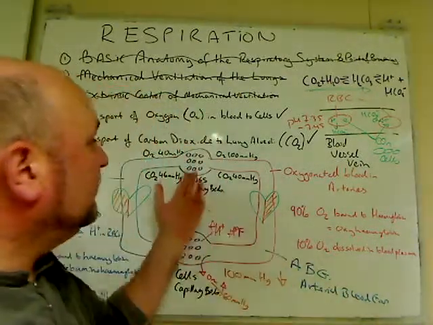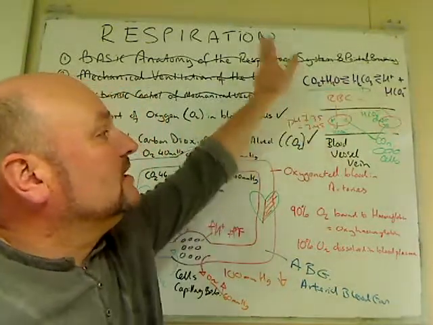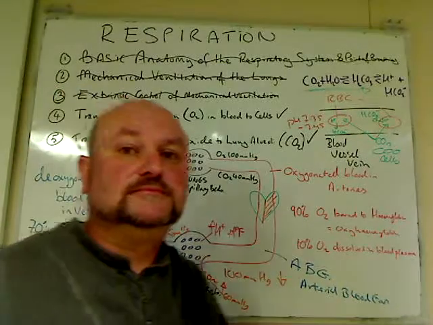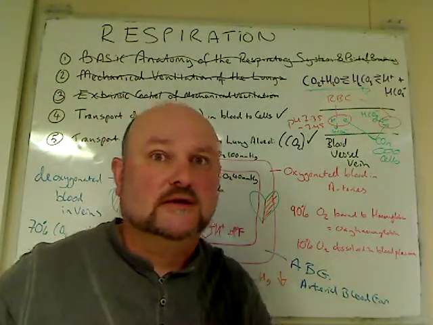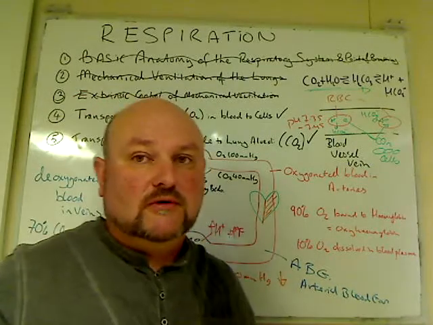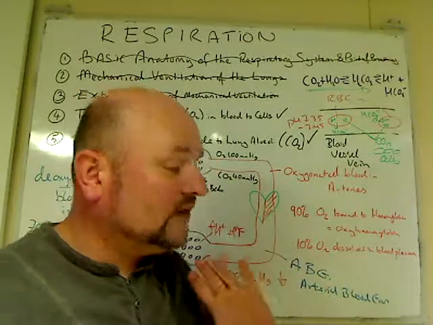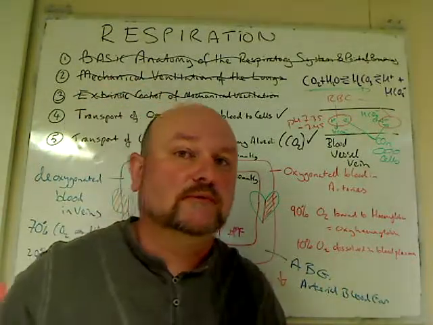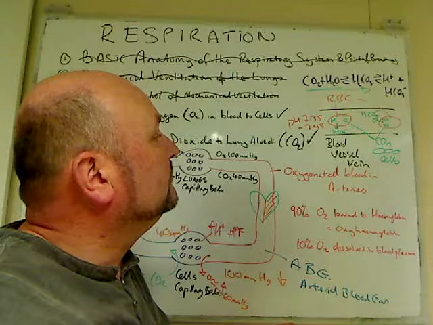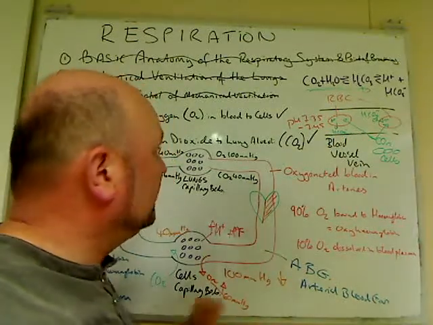Because remember, if we breathe faster, we're drawing off more carbon dioxide because this reverses, and therefore there's less acid in the blood. So that's two defenses. We've got bicarbonate in the blood all the time, and then we can blow off carbon dioxide faster by breathing more quickly. The final one is in the kidneys, and we'll look at that when we look at the urinary system.